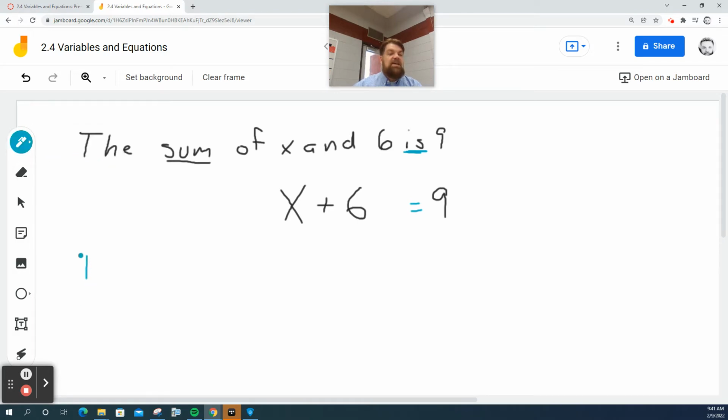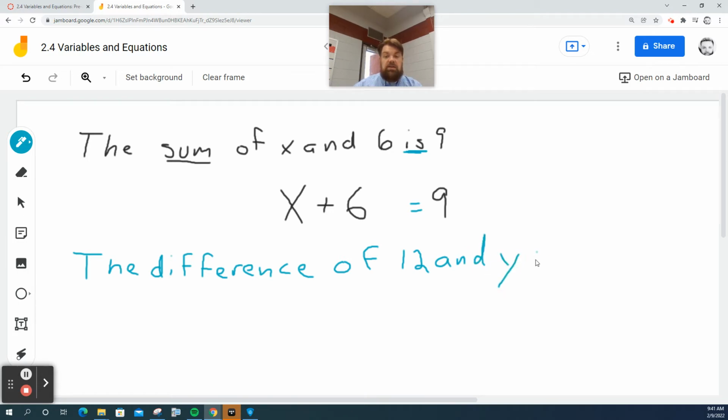So if I say the difference of 12 and y is 15.